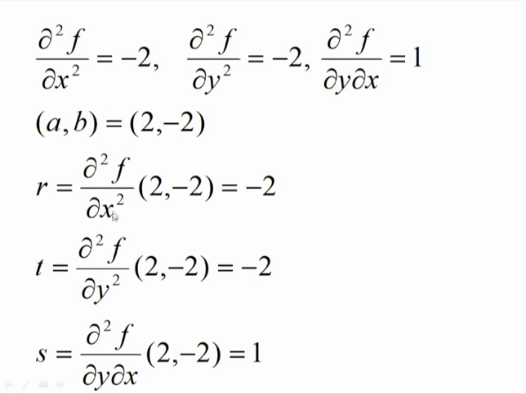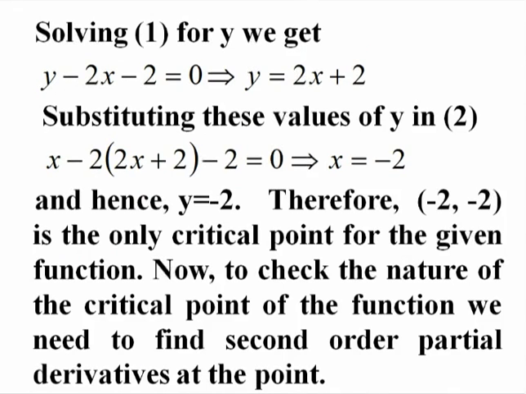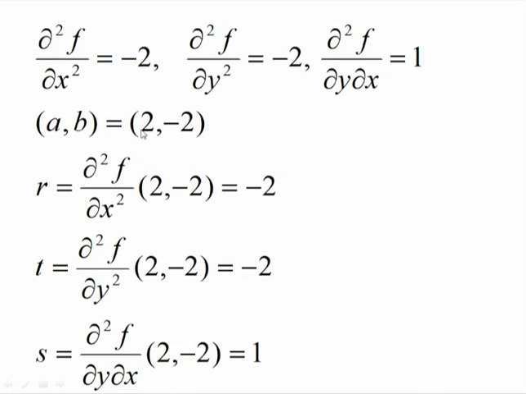So del square f by del x square at the point minus 2, minus 2. Our point is minus 2, minus 2. So r, which is del square f by del x square, is equal to minus 2.